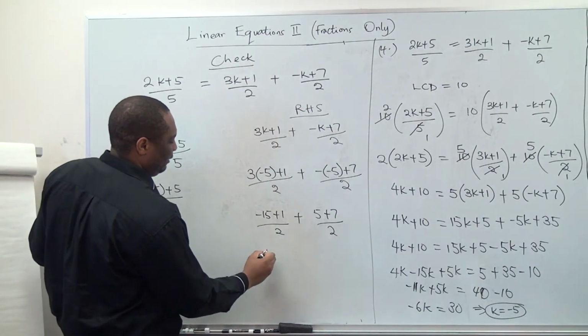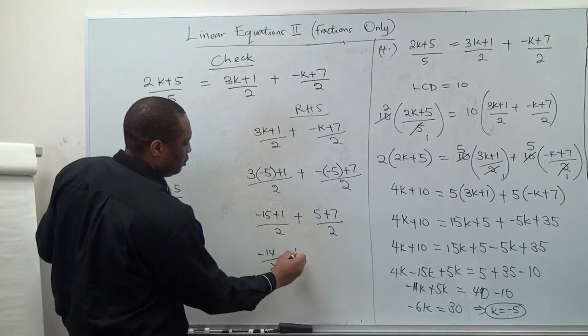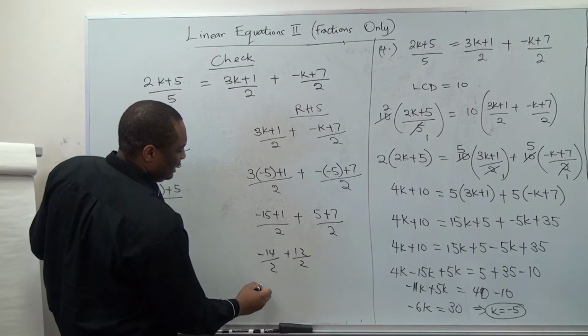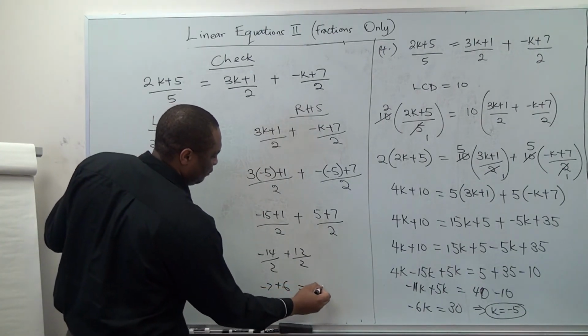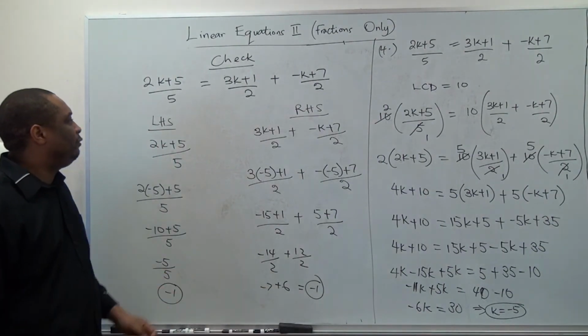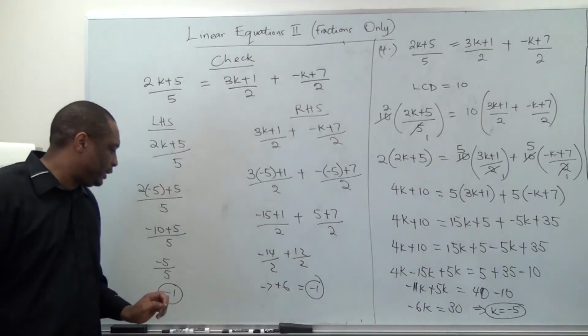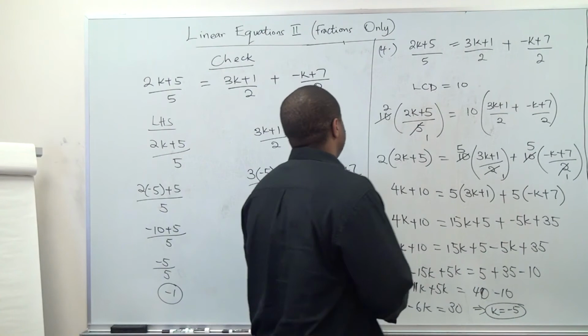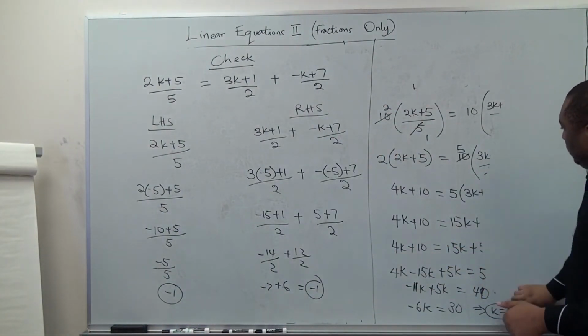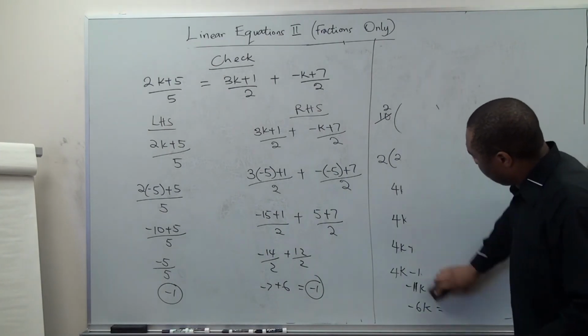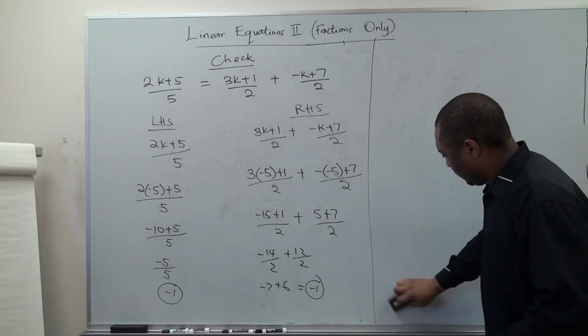So this is now negative 14 over 2 plus 12 over 2. This is negative 7 plus 6, and this is negative 1. Negative 1 on the left, negative 1 on the right. You drink some soda. That shows you got it. And then you can start jumping.